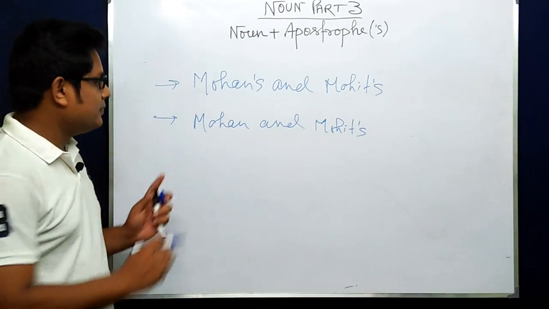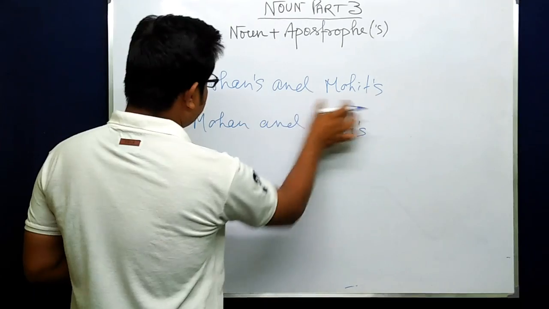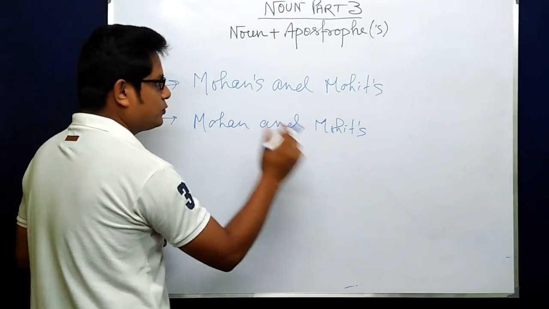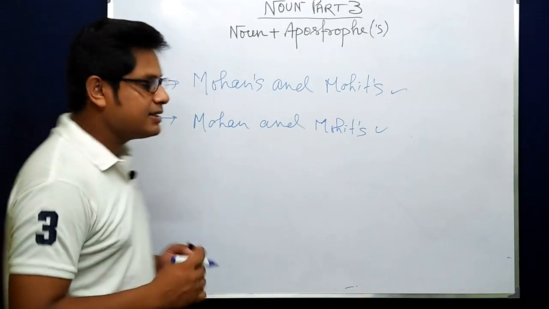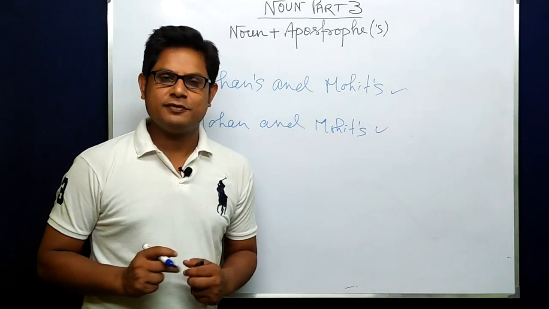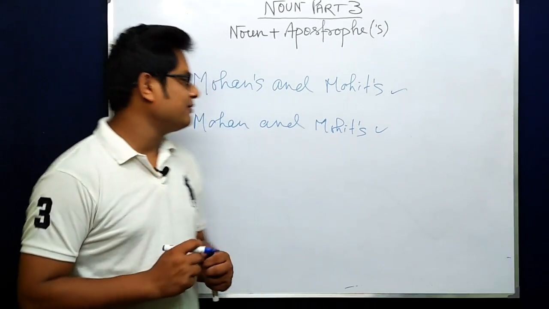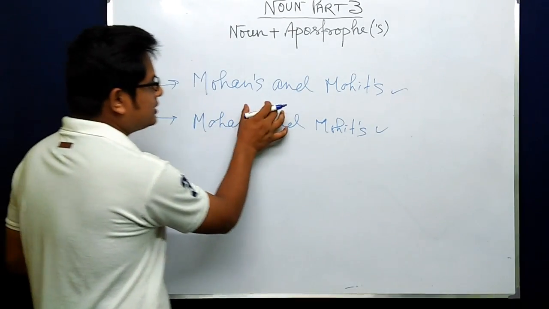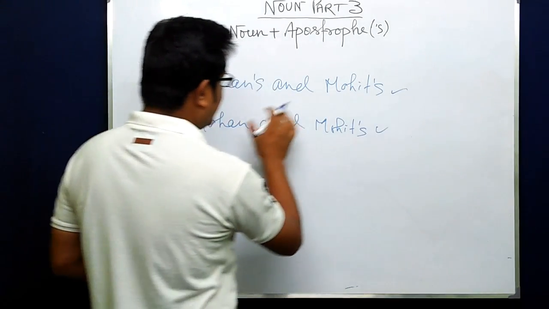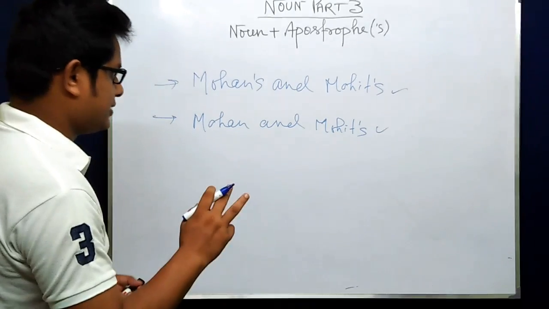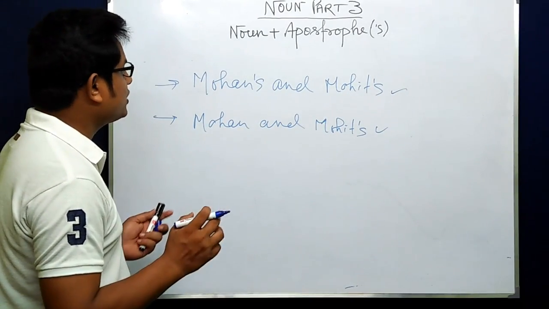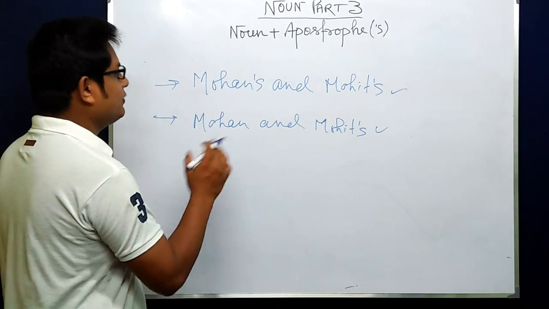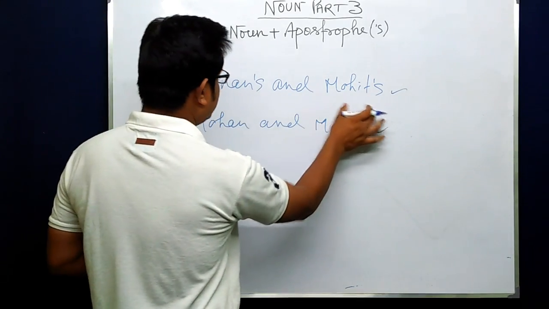See, these two, Mohan's and Mohit's, and Mohan and Mohit's, both are correctly used, but the meaning is completely different, and the meaning is very important to keep in mind, right? When you write Mohan's and Mohit's, then you are talking about two things, or two persons or two nouns, connected differently to Mohan and Mohit.